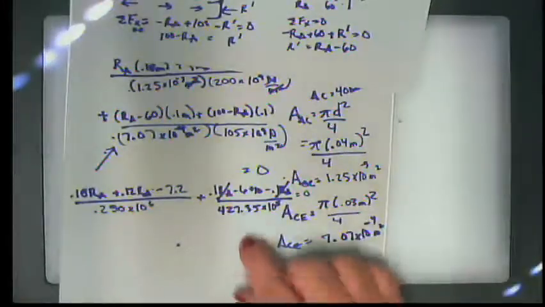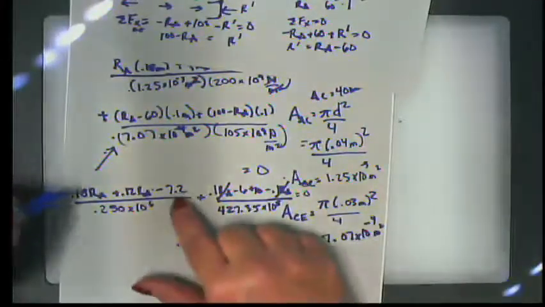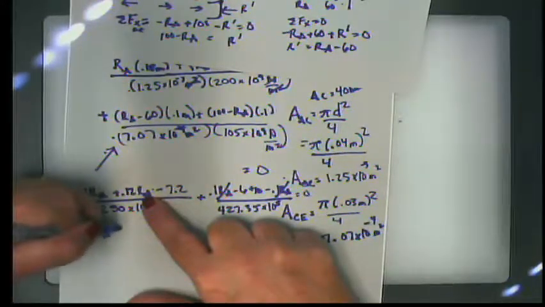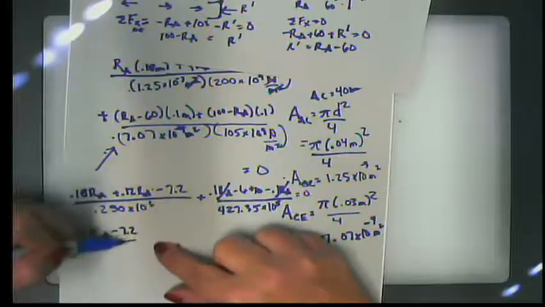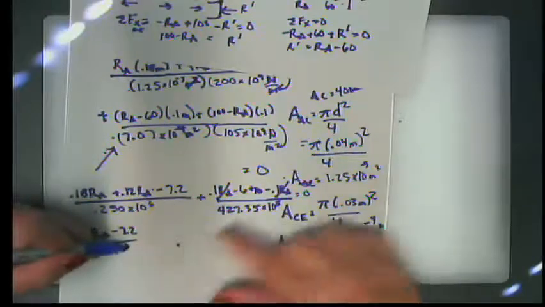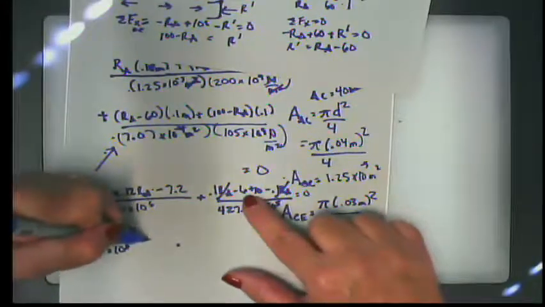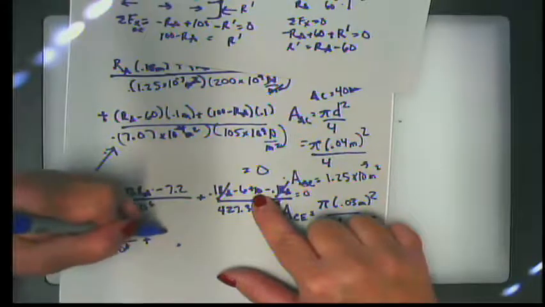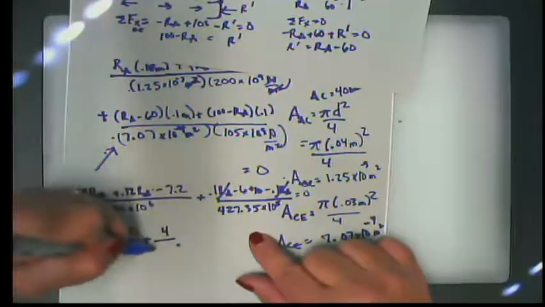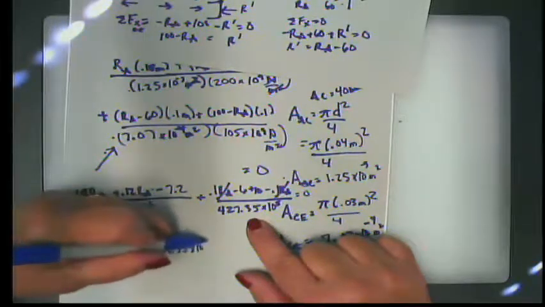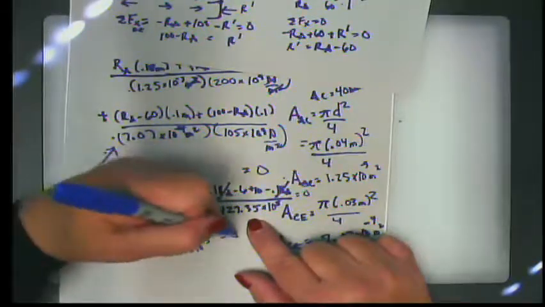They cancel out. So what I'm left with, if I add these two together, I get 0.3 times R sub A minus 7.2 all over 0.250 times 10 to the 6th plus, this is negative 6 plus 10, which is 4, over 427.35 times 10 to the minus 5 equals 0.